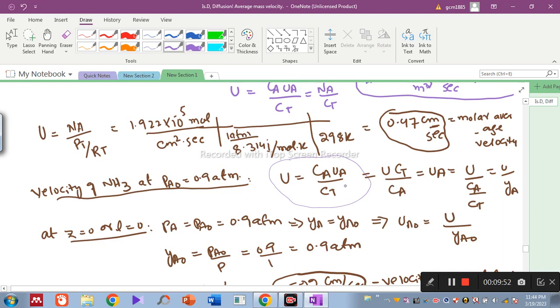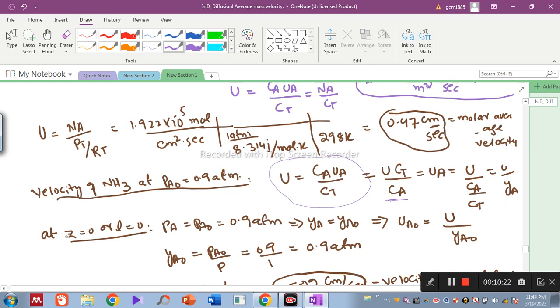Rearranging, this is equal to U divided by Ca divided by Ct. Ca divided by Ct is nothing but the mole fraction of ammonia.